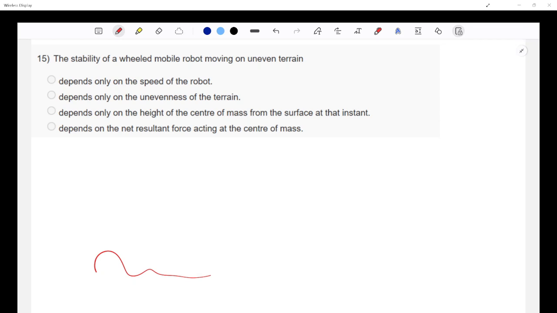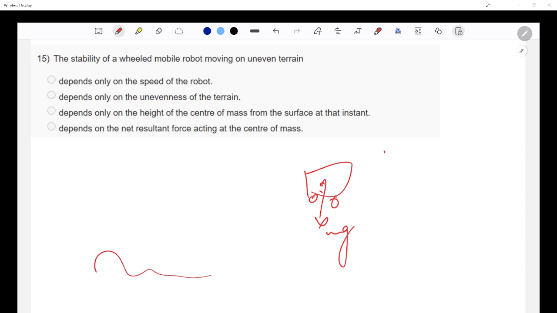Okay. So the key idea here is that if the line of action of the net force, relative to the support polygon, falls outside the support polygon, the robot tips. Okay. So consider the net force at the center of mass of a mobile robot on, let's say, an uneven terrain. Here gravity acting is mg.